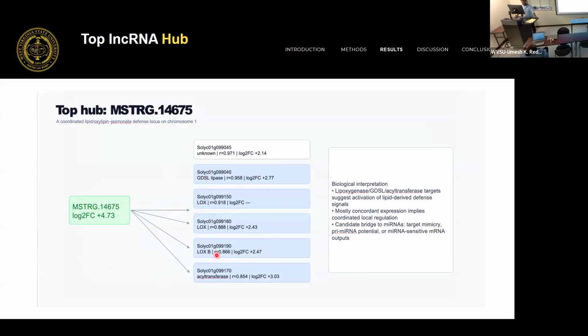Of these 6 genes, 5 are mainly associated with lipid biosynthesis, and the GDSL and acyltransferase genes activate the lipid defense signal. The concordant expression implies coordinated local regulation, that is cis regulation, with this LNC regulating genes within a 100 kb window.